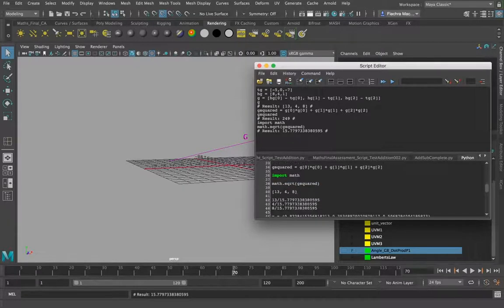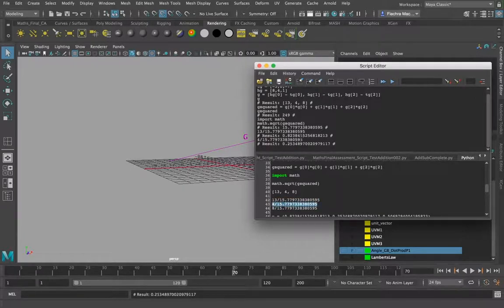We then can divide each of the coordinates by the magnitude of G. So first we have the x, so that'll give us the new value when the magnitude is 1. That's for x. For y, and for z.